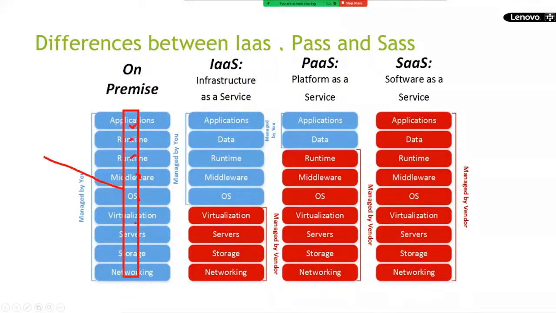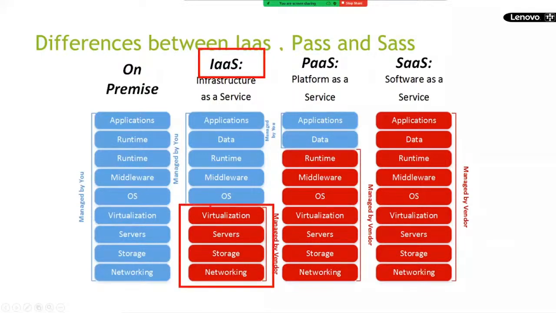To maintain everything, what do we require? A data center. Okay, this is on-premises. Next, when you go for cloud computing, as IaaS, they will provide only servers. On top of it, you decide what type of operating system is required, either Windows or Linux. On top of it, host your application and install and configure it as per your business requirement.